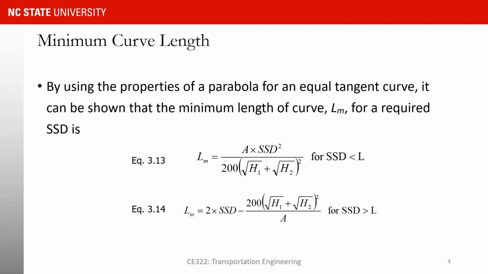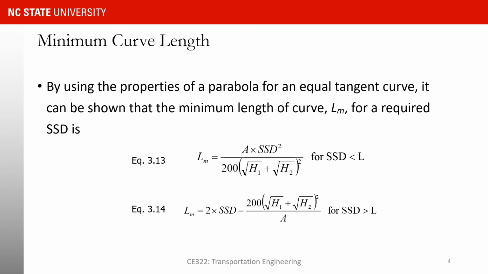So by using the characteristics of a parabola, and remember, whenever we talk about our curves, we are talking about equal tangent curves, we can show that the minimum length of the curve, or Lm, that we need to maintain for safe stopping sight distance can be found by these two equations that I have here.